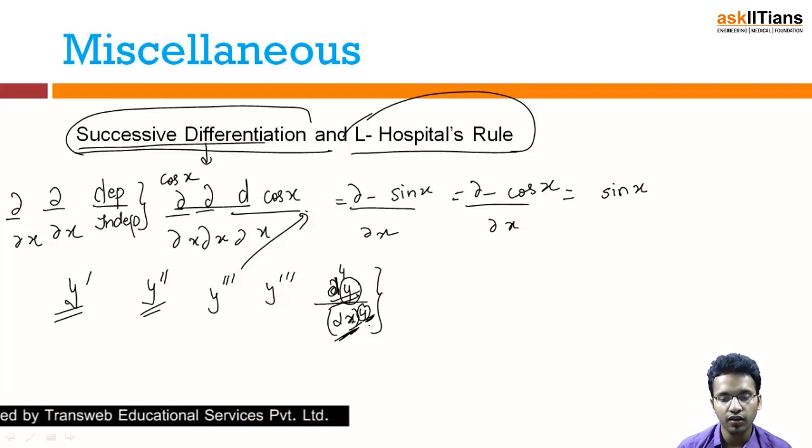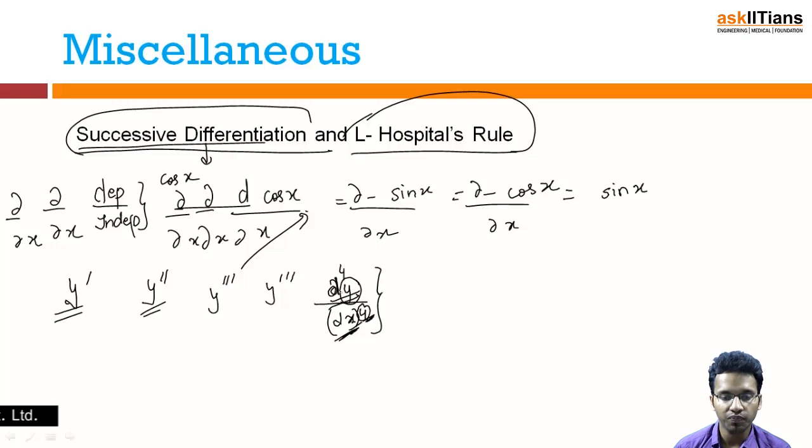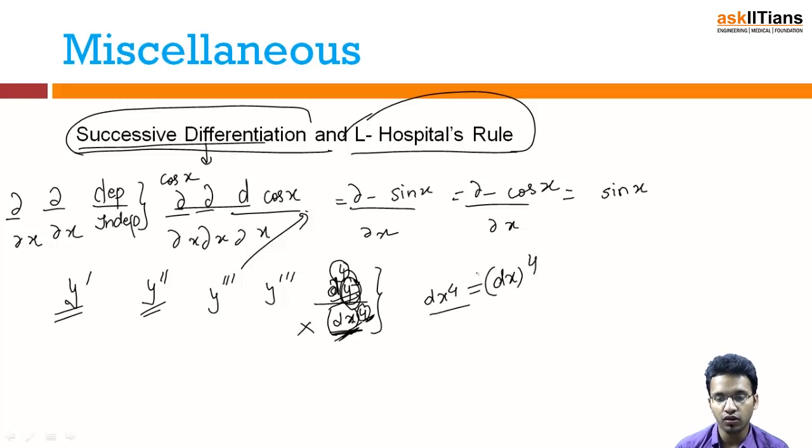You can learn it that way, but the simple logical explanation is that you are finding the fourth derivative of y with respect to x. This is not the same as dx raised to 4. You first make that small element and then you apply it 4 times, fourth time you are differentiating, okay.